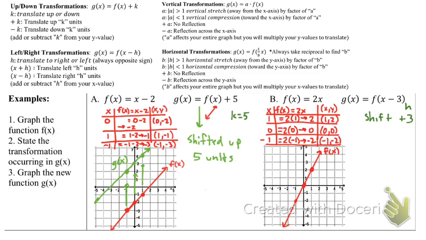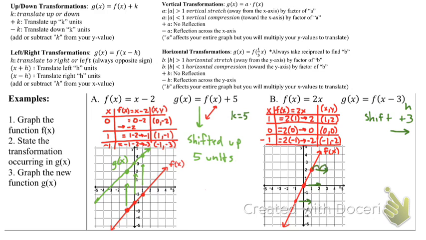I'm going to shift +3. So what I'm going to do is take each one of my points and shift them positively. So that means to the right 3 times. When it's positive, we shift to the right. So if you look, I'm going to now plot each point.